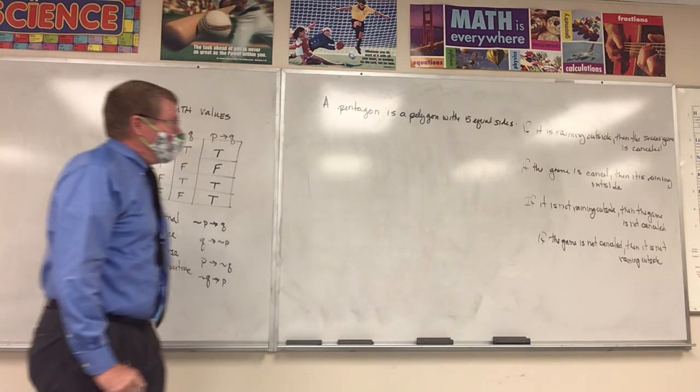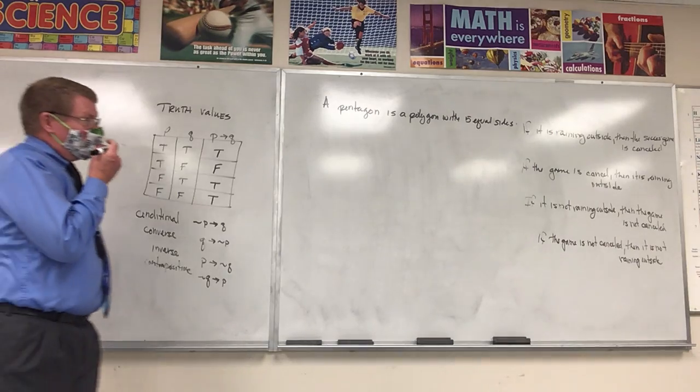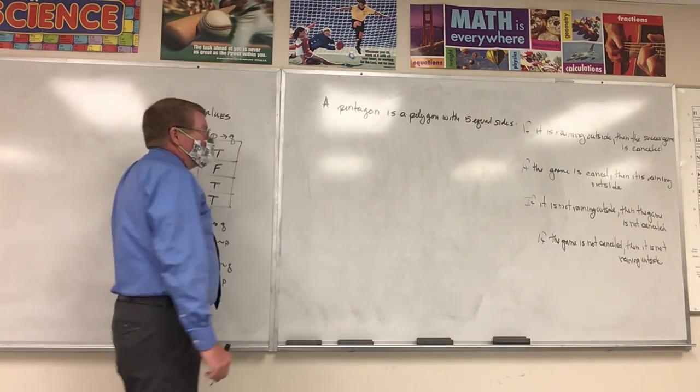So here's the definition. A pentagon is a polygon with 5 equal sides. We want to change this into a conditional. Right? So Caleb, what do you think? If a polygon has 5 equal sides.